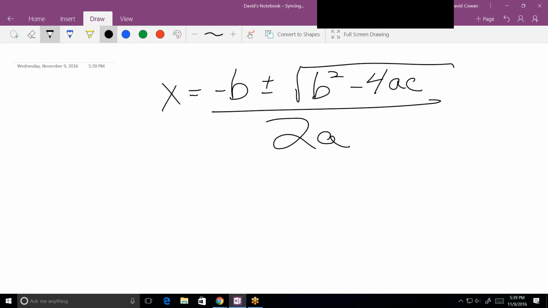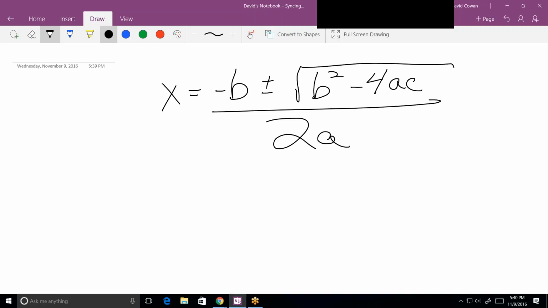All right. And the reason it has its own name is because a lot of times when you look at a quadratic, you want to know whether it has real solutions or imaginary solutions. Well, that's completely dependent on whether this discriminant is positive or negative. If it's positive, you're going to have real solutions, 2 of them. If it's negative, you're going to have 2 imaginary solutions.